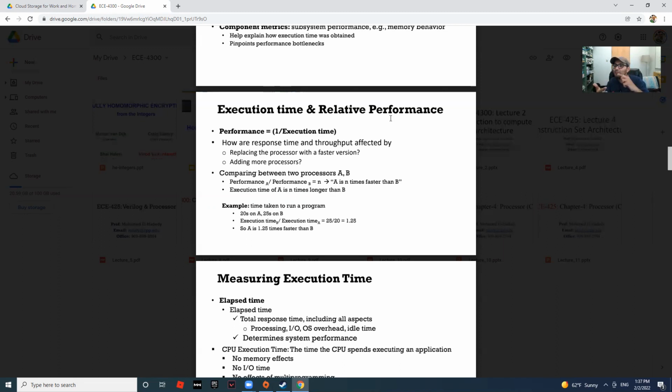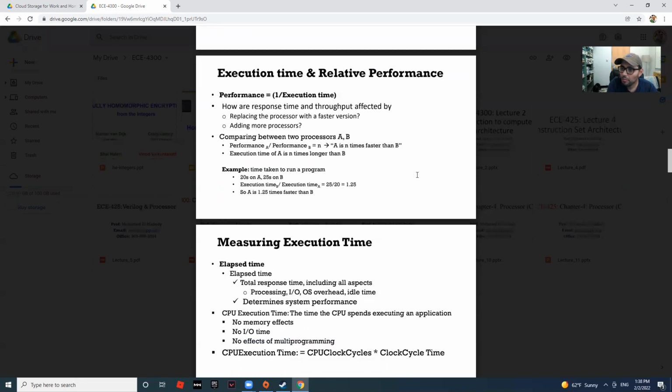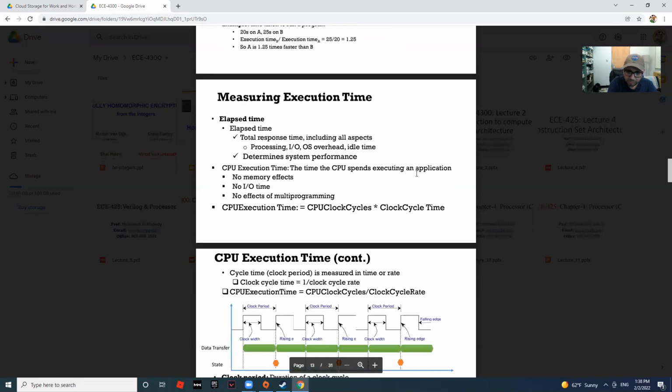That means 25% above, right? Because 1 is 100%. So A is 1.25 times faster than B. Does it make sense? I know it's simple stuff. We're going to go into complicated stuff now, but this is very simple. Are there any questions so far? No questions so far. Okay.